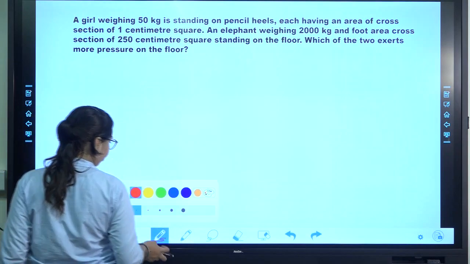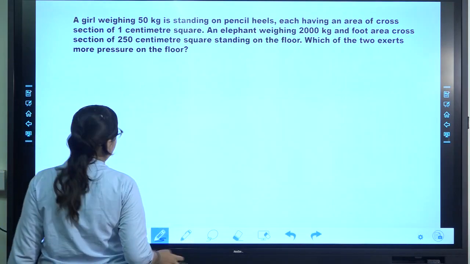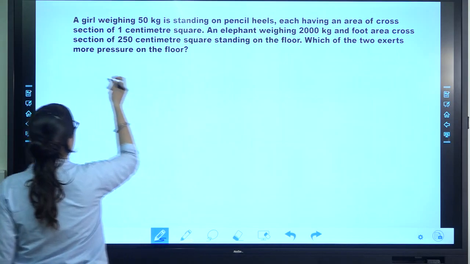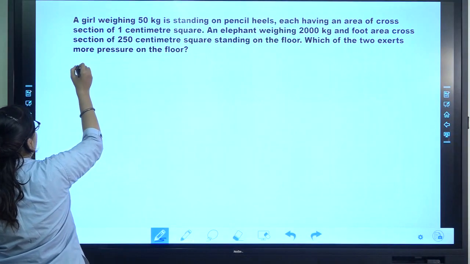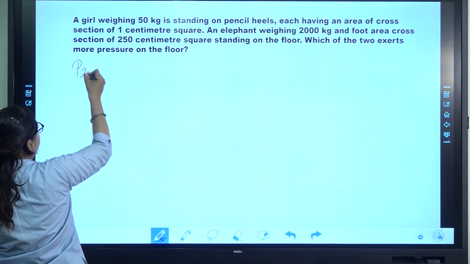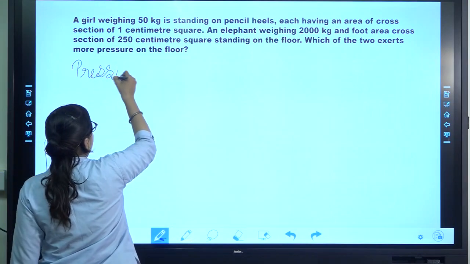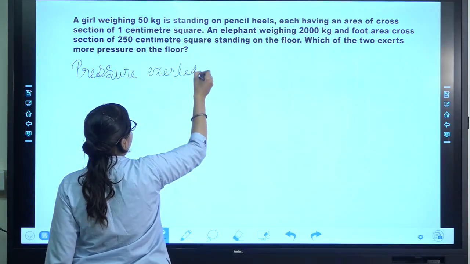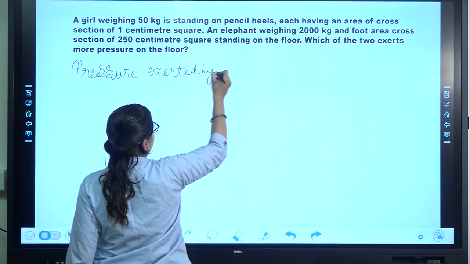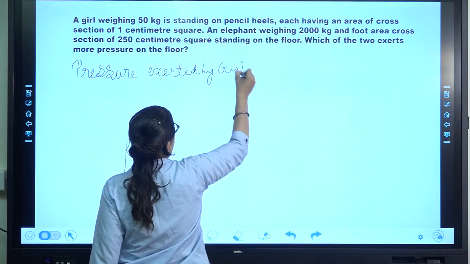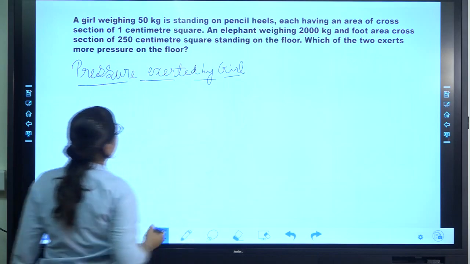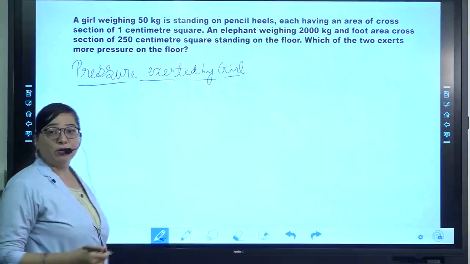So here we have been given about the girl. So pressure exerted by the girl, we are going to talk about this first and later about the elephant.